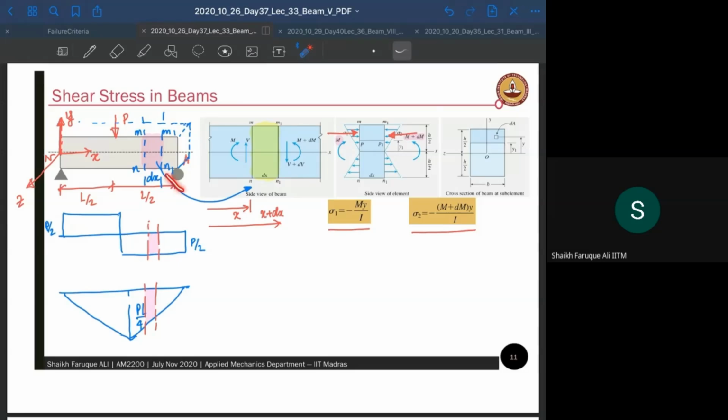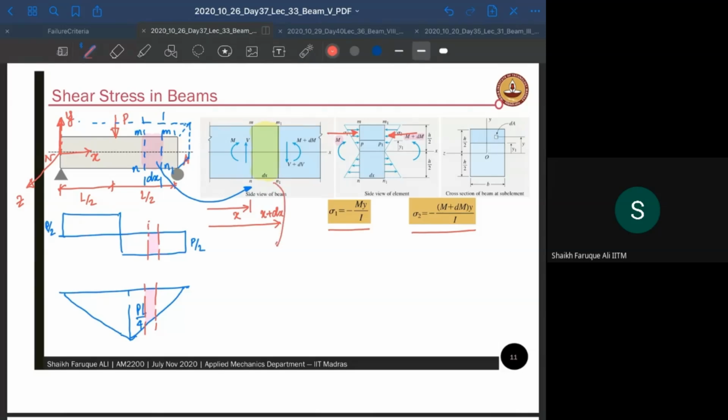If you want to see the picture better, this is a 2D picture of the beam, and this is your mn and this is your m1 n1. Note that if you take the sections apart, the moments that act on them are going to be different.